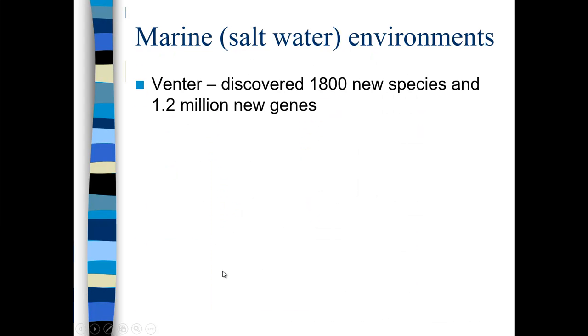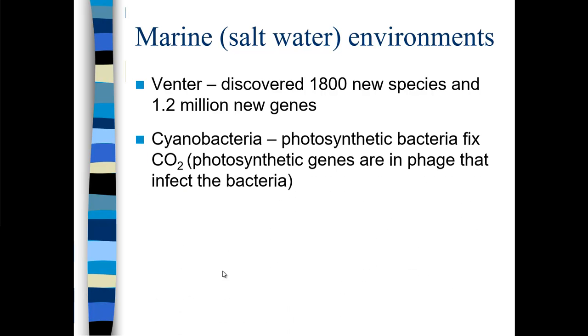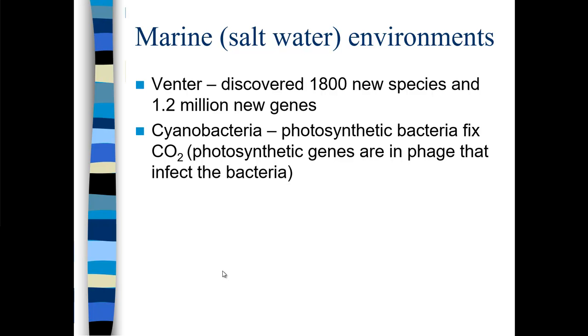Okay, in saltwater environments, Craig Venter, who is the person who sequenced the human genome, has discovered 1,800 new species of different microorganisms, and has done genomics for about 1.2 million new genes. And one of the bacteria that Venter is focused on is cyanobacteria.